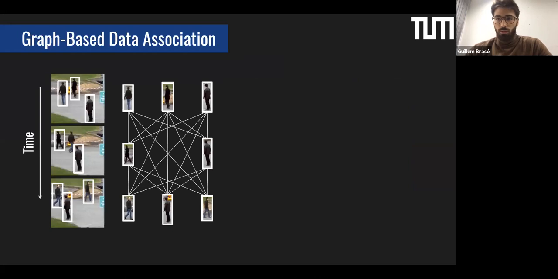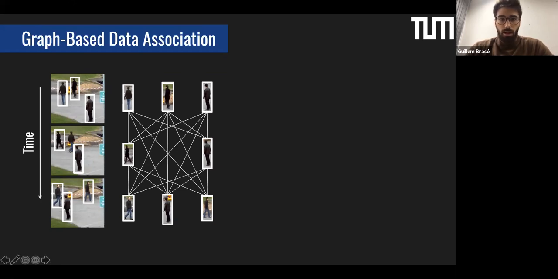And now I'd like to move on and explain a bit of the background of multiple object tracking, and specifically graph-based tracking. Okay, so as I said before, our input here is going to be a sequence of RGB frames in a video. And for every frame, we apply a detector independently, and then we get object detections. So essentially, what we have is a set of boxes across the video, across time. The typical way that the problem of tracking has been approached is by formulating it as a graph.